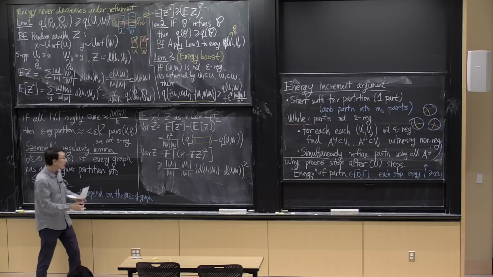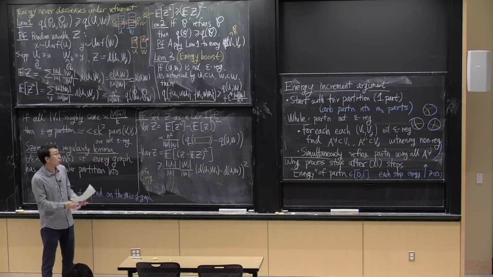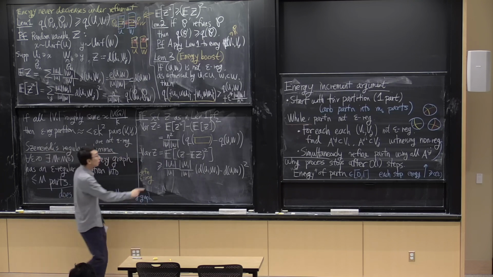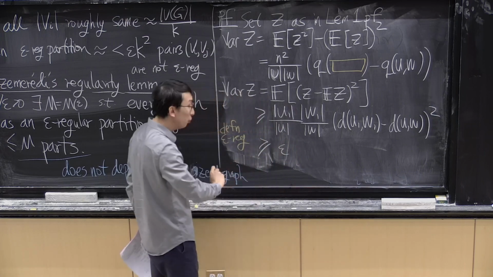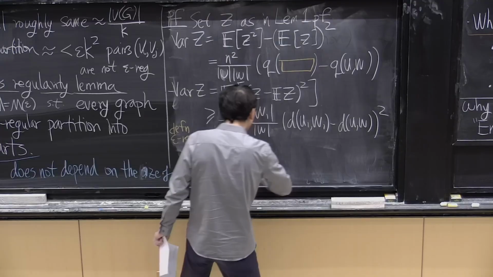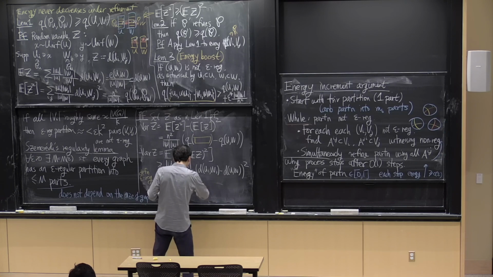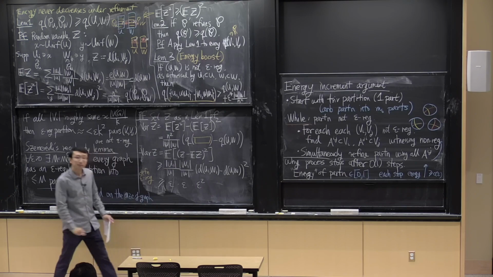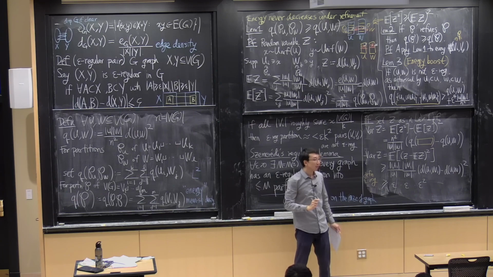But now, from the definition of epsilon regularity, or rather the witnessing of epsilon irregularity, you see that this U1 is at least an epsilon fraction of U. W1 is at least an epsilon fraction of W. And this final quantity here is at least epsilon inside, so at least epsilon squared. Okay, so here we're using all the different components of the definition of epsilon regular.